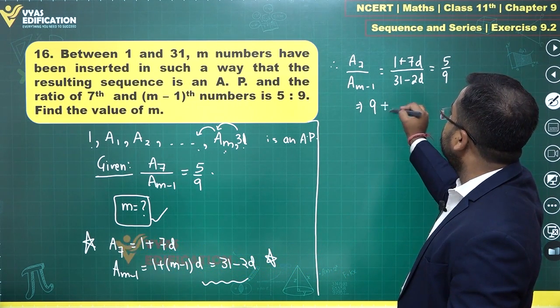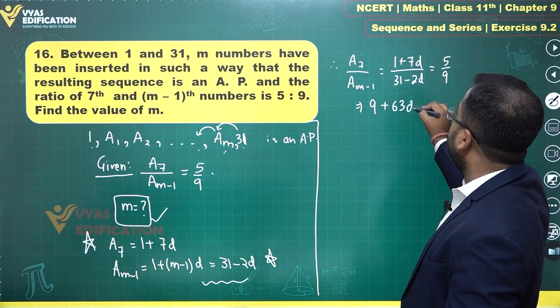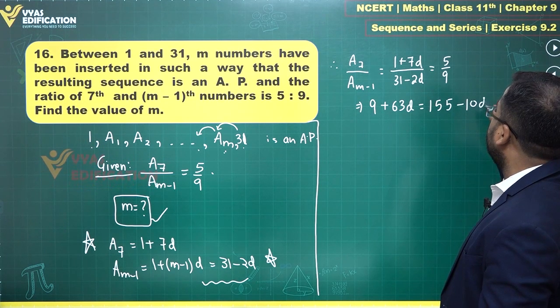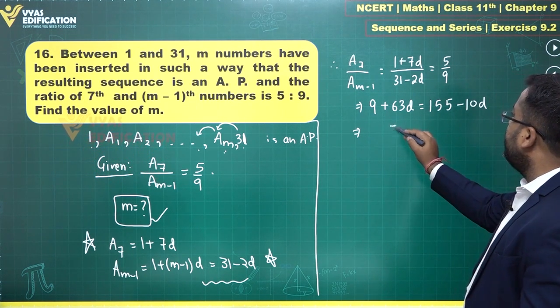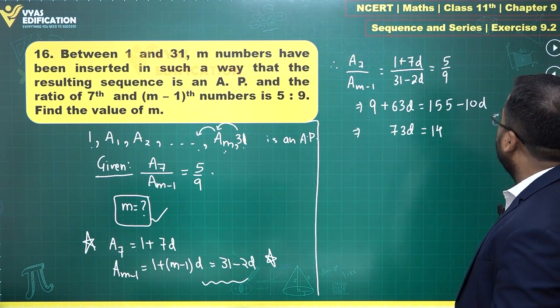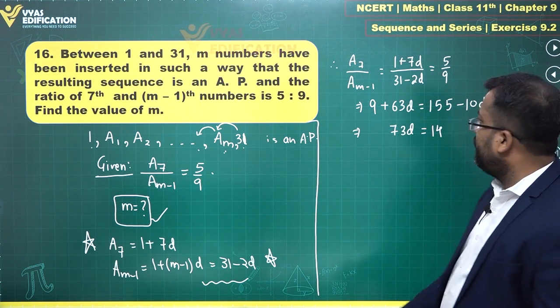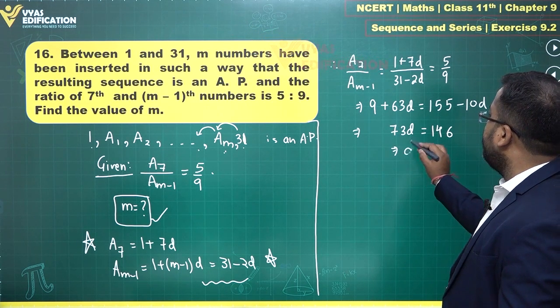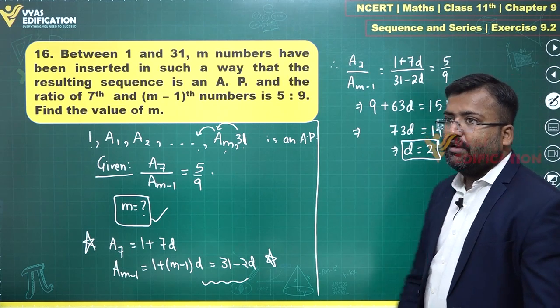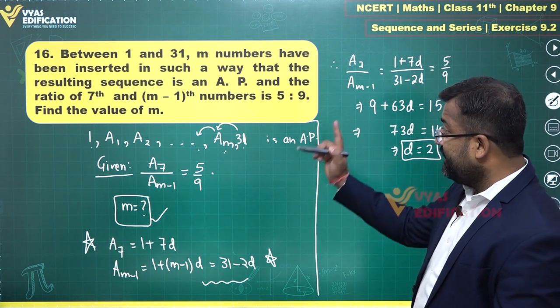This is 9 plus 7 times 9 is 63d, which is 155 minus 10d, and that tells me 73d is equal to 155 minus 9, which is 146, or that tells me d will be equal to 2. You find the value of d. And now I can easily get the value of m.